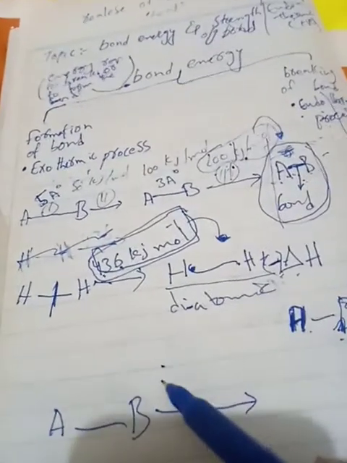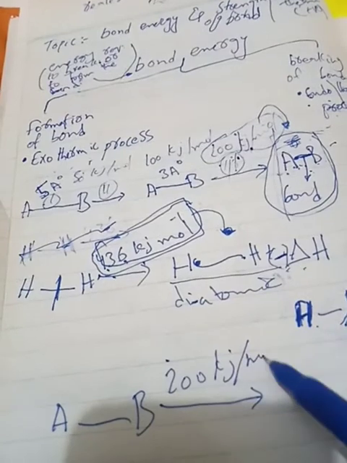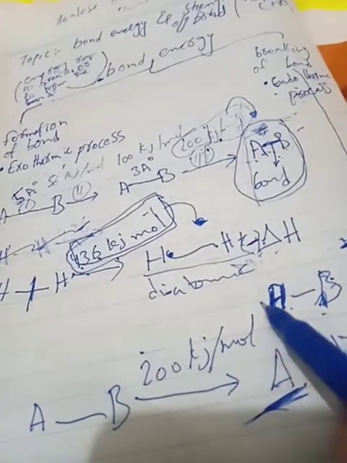So I will give the same energy, 200 kilojoule per mole, to break the bond. Then it will be called A plus B. Both are now separated, and this energy is called the bond energy.